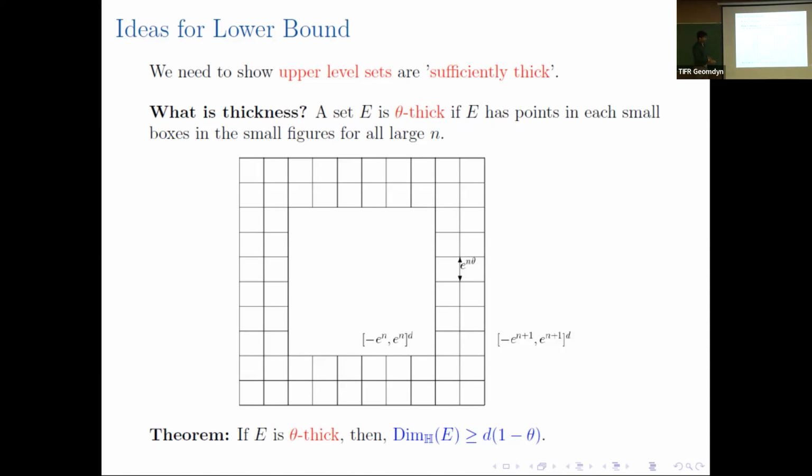So there is the (n+1)th square and then the nth square. We divide this shell region into smaller squares, this time of size e to the power n theta. And this geometric set E would be called theta thick if for all n, almost all of the smaller squares have some point from E.